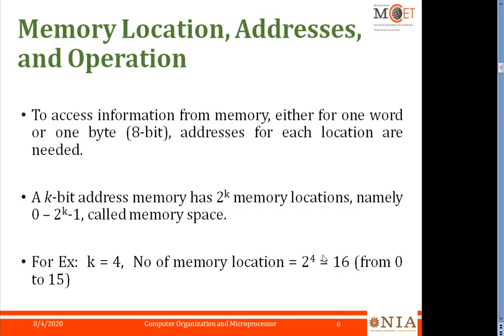These 16 locations we will address from 0 to 15. That is what we have represented here. By using a k-bit address, we can access 2 power k memory locations, ranging from 0 to 2 power k minus 1.